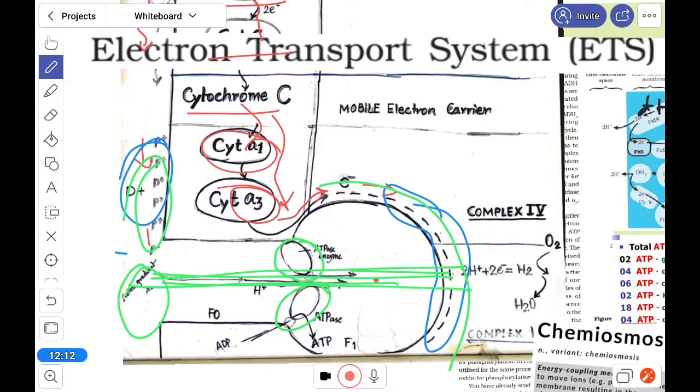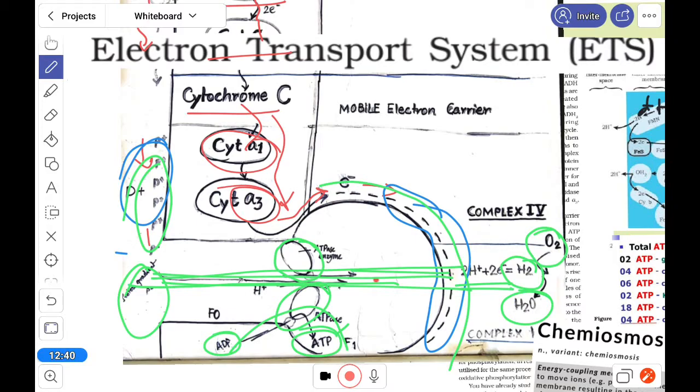So here all the ADP turns into ATP. Look here, the generation of energy. So here the energy is generated, and at the same time oxygen unites with hydrogen, forming water, and it neutralizes this.